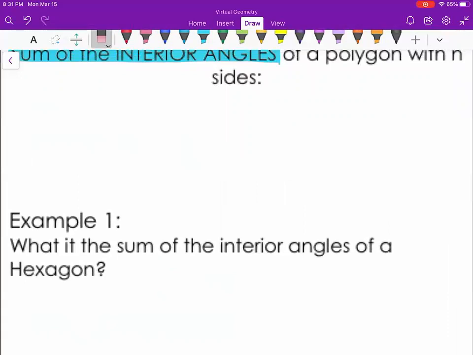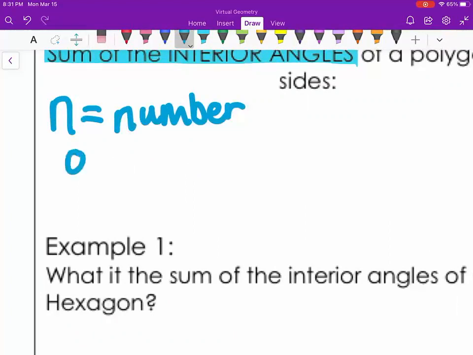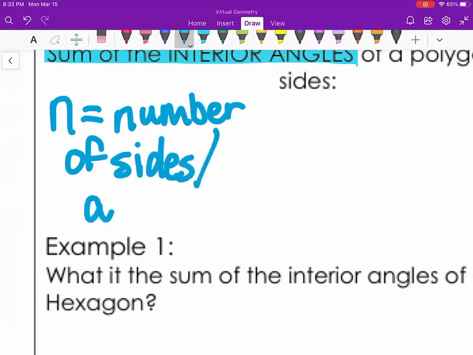Specifically, this formula says that first off, we need a variable, and so we are going to use the letter n. So n for us is the number of sides. It could also represent the number of angles because we do have the same number of sides as we do angles.